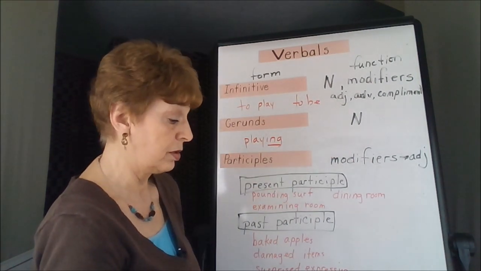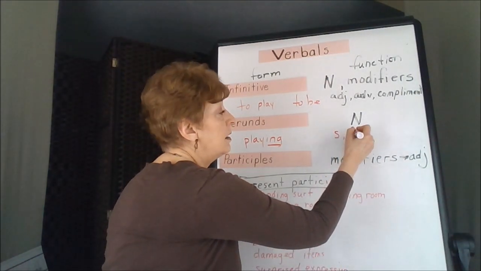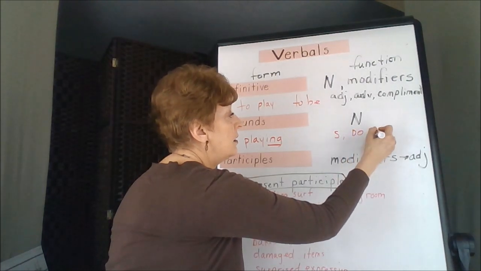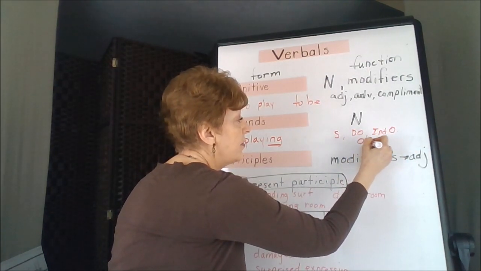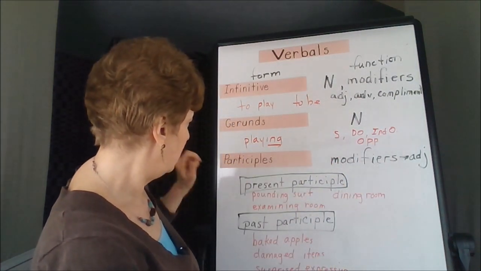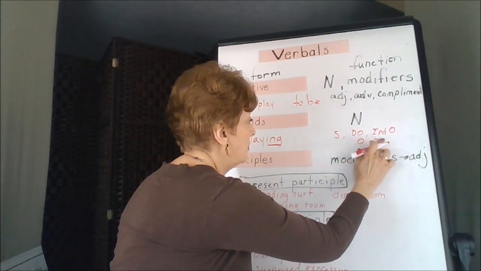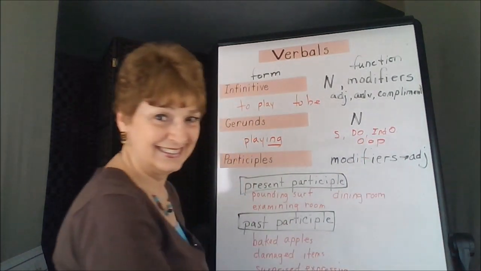So your functions of nouns are subjects, direct objects, indirect objects, and the object of a preposition. That would be the object of a preposition.